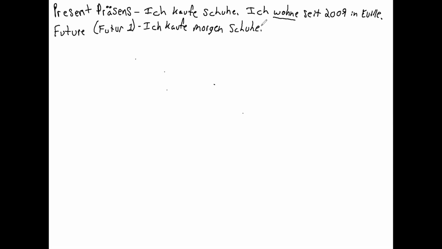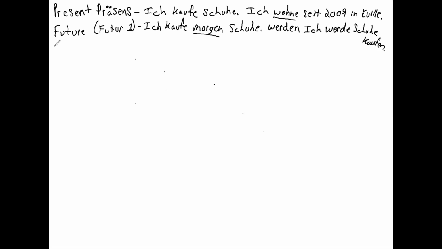You can also use the verb werden, which is the way that we used it last year, where you can say like Ich werde Schuhe kaufen, which is to say it's not happening right now, but I will buy shoes. That's the explicit future tense, as opposed to just the version here with morgen, indicating the time when it's happening.